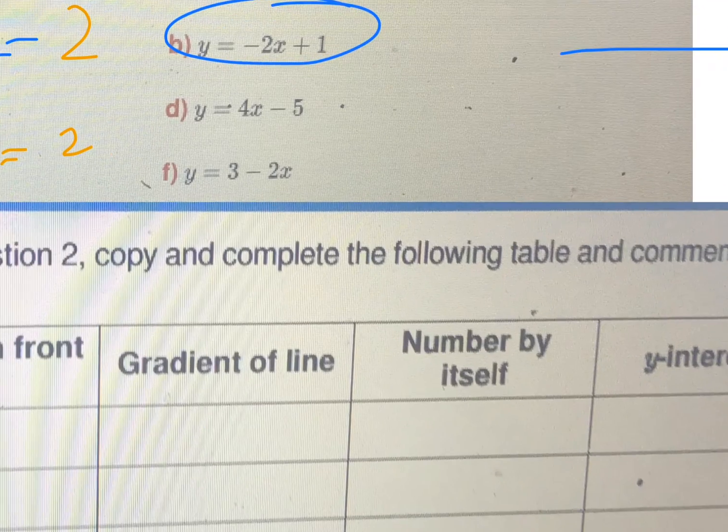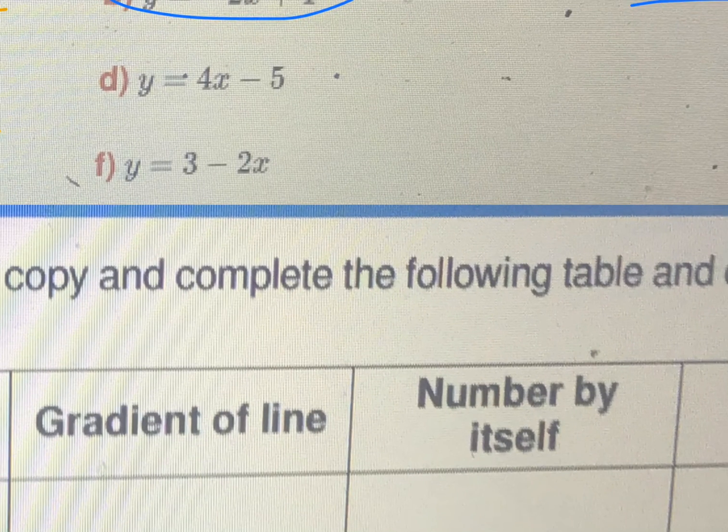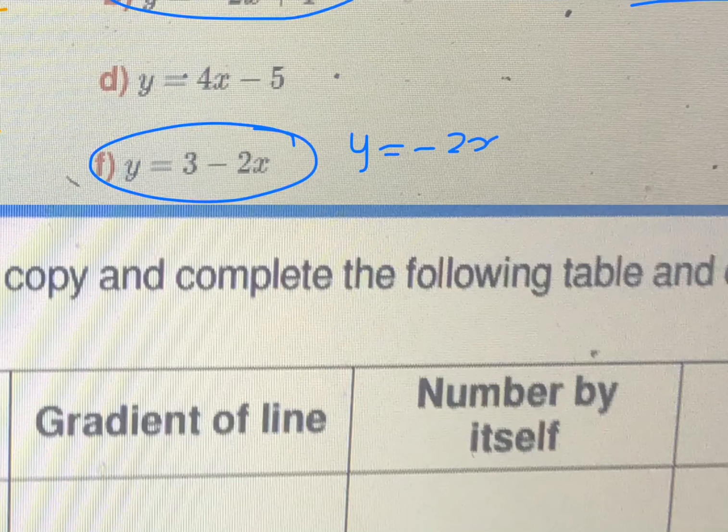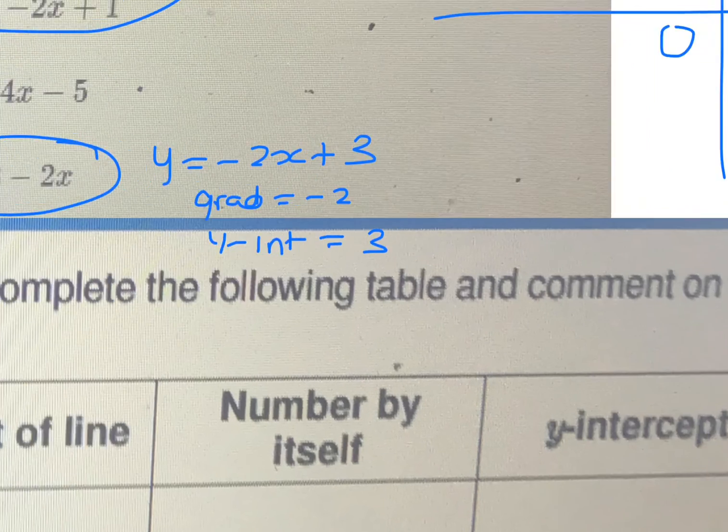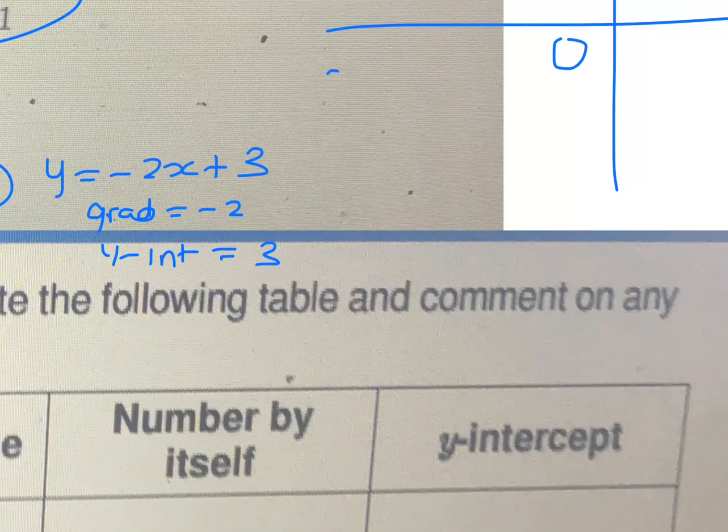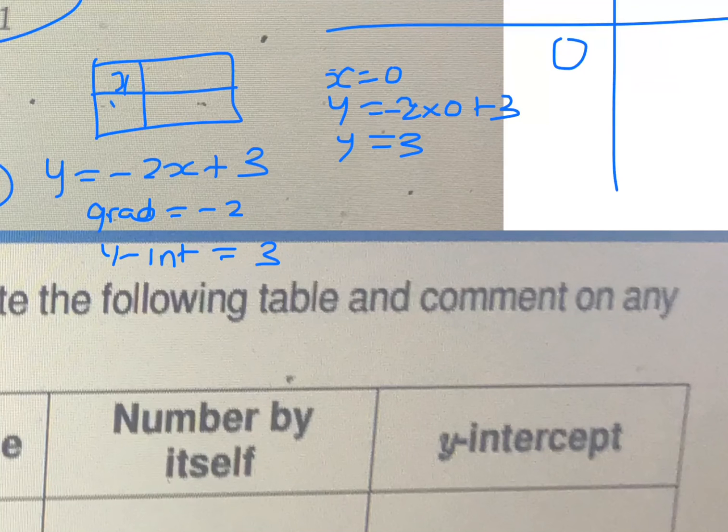Okay, and maybe if we just look at one more. So this one here, I'll just put it in the right order, minus 2x plus 3. I know here that the gradient is minus 2 and the y-intercept is 3. Okay, so if you put in x equals 0, you get y is minus 2 times 0 plus 3. You could draw up a table of values and do this as well. You could go x and go 0, 1, and then 2.